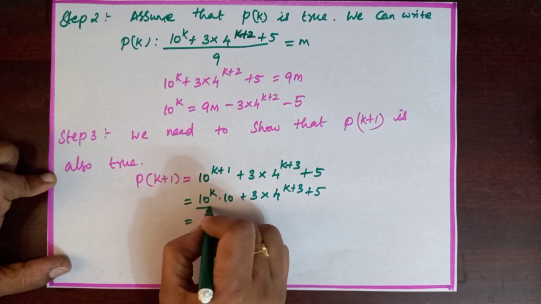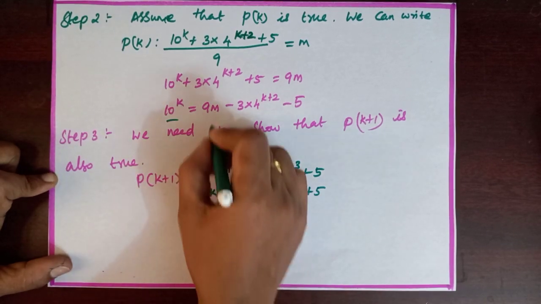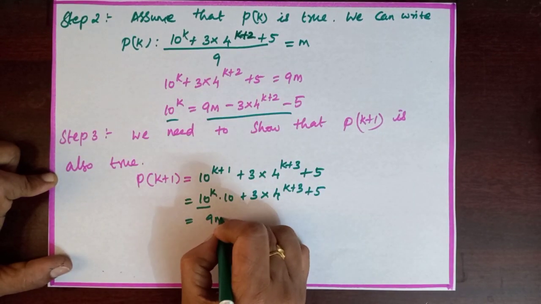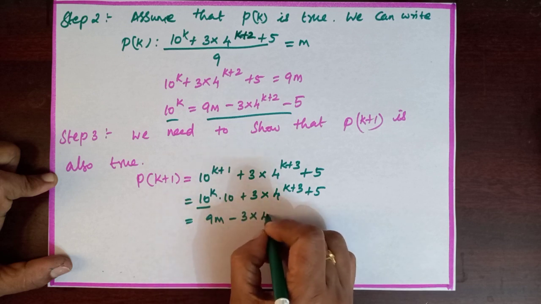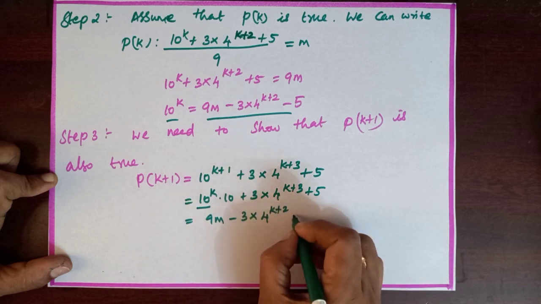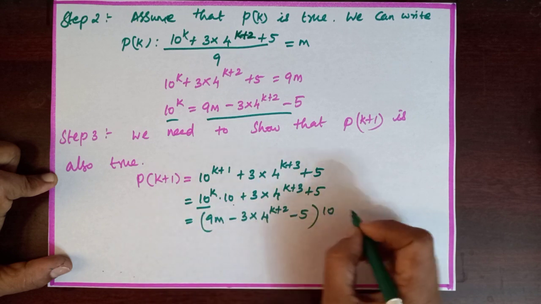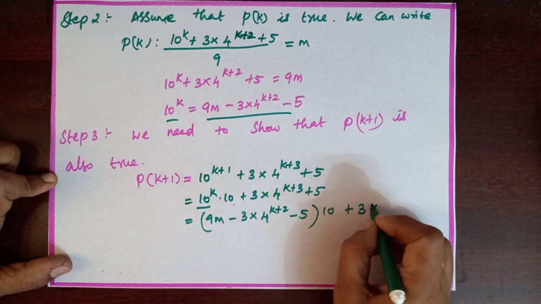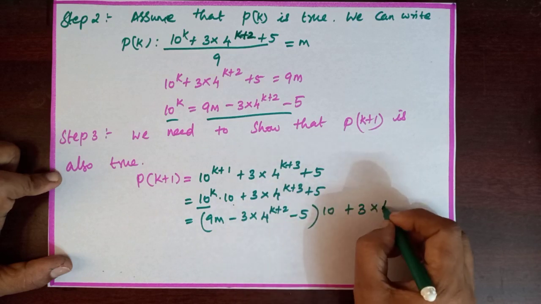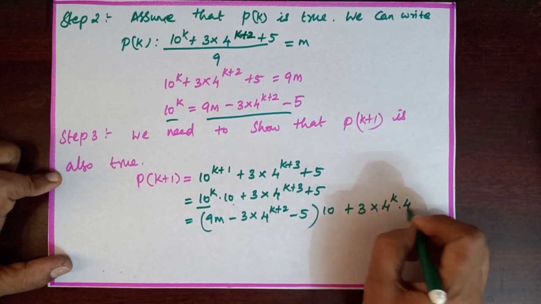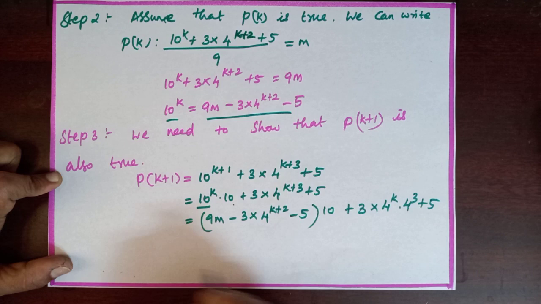In the place of 10 power k, I am going to substitute this. That is, 9m minus 3 into 4 power k plus 2 minus 5, into 10, plus 3 into 4 power k plus 3, which can be written as 4 power k into 4 power 3, plus 5.